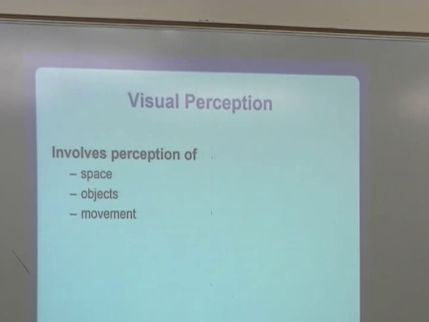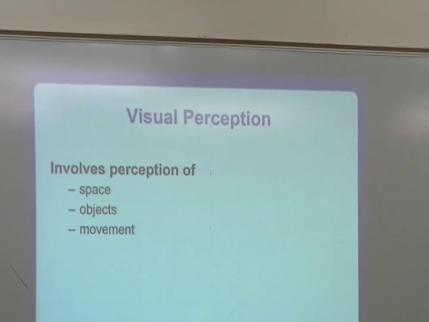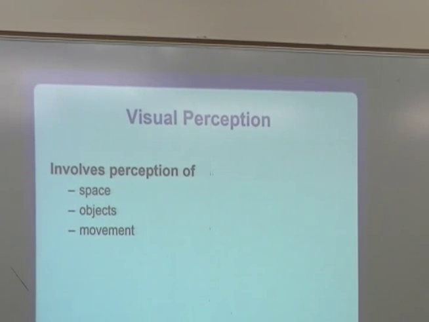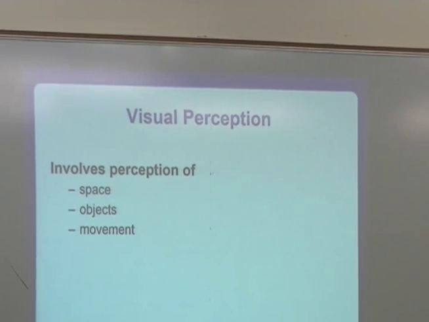Selecting which piece of information to pay attention to. But perception means I can perceive space, I can perceive an object, I can perceive movement. We're not born with that ability. That's something your brain learns through experience.